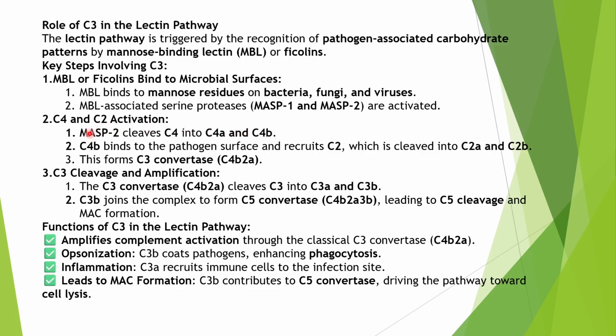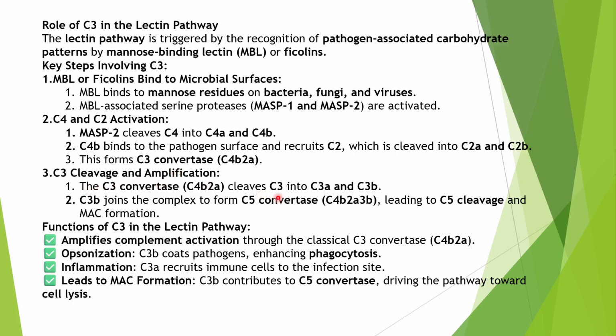Then C4, C2 activation, similar to the classical pathway: C4a, C4b. Then C4b binds to pathogen surfaces and recruits C2 and cleaves C2 into C2a and C2b. This forms the C3 convertase.